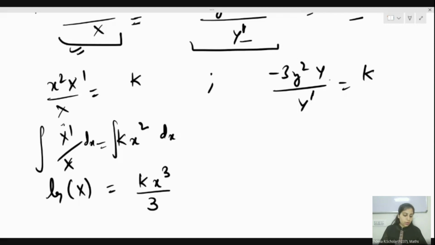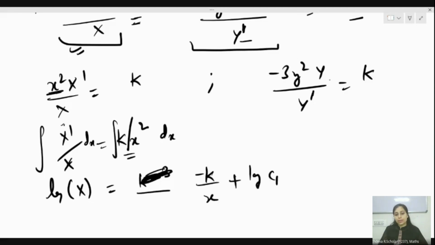The integration of k upon x², one second, k upon x² is here because we have taken x² to the below. So writing the integration again, k x raised to power minus 2 will give you minus k upon x, integration of this, plus log c1, say, because logarithm is here, so we have taken the constant also as a log function.